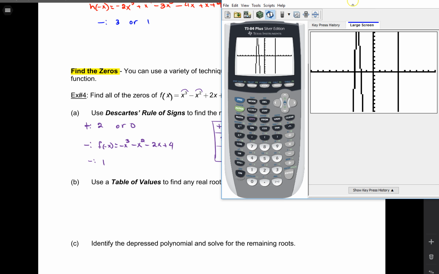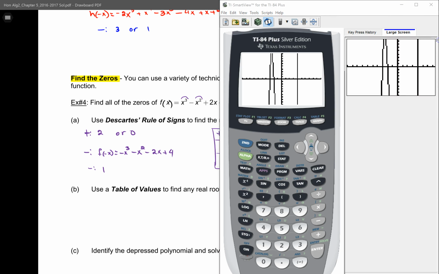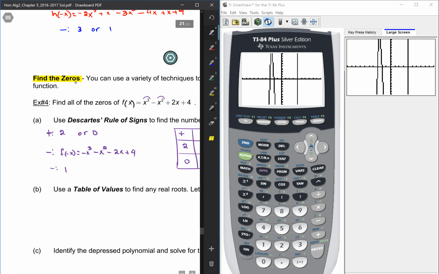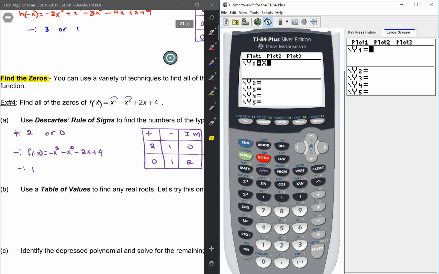In y equals, I'm going to put in x cubed minus x squared plus 2x plus 4.